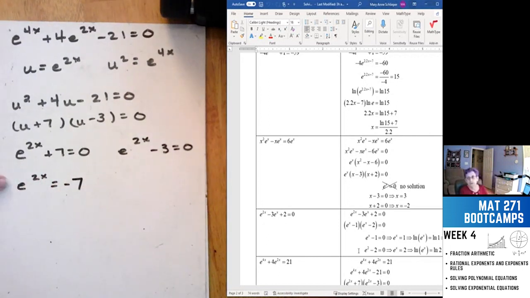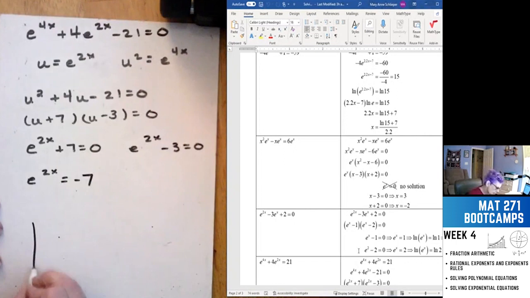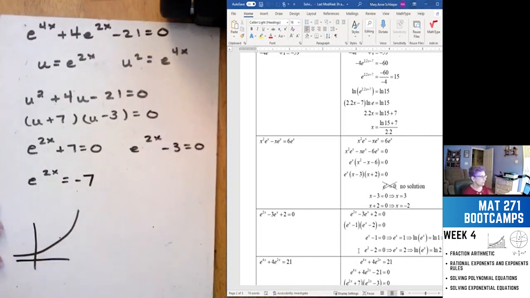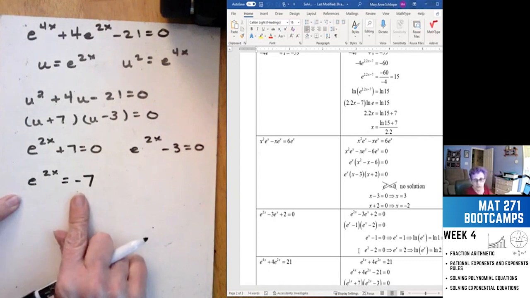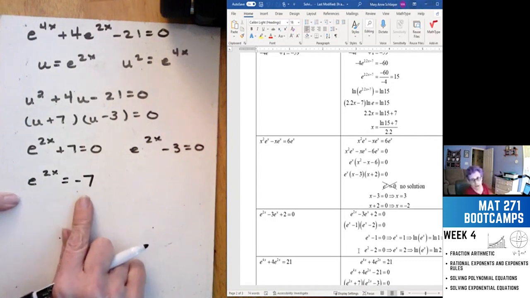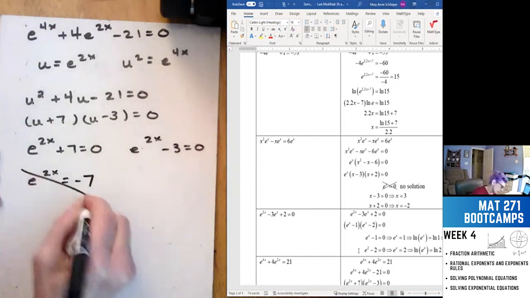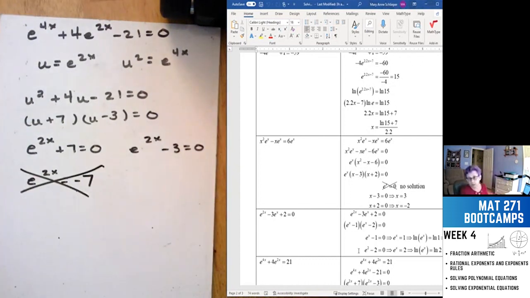Well, as soon as you see that, you're dubious. You think, is there anything that I could raise e to and get a negative thing to come out? I know that e to the x looks like that. It never goes down below the x-axis. And if I tried to take the natural log of both sides, I'd be trying to take the natural log of a negative thing, and that can't be done. Big X mark.